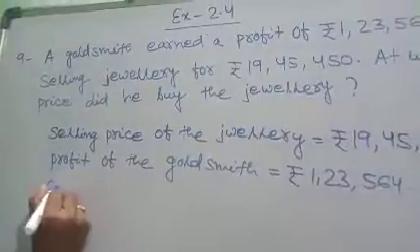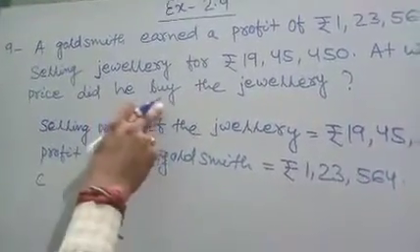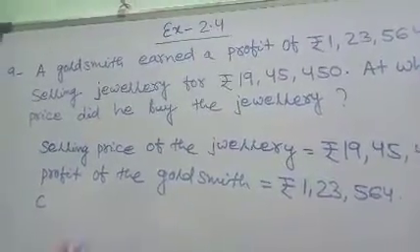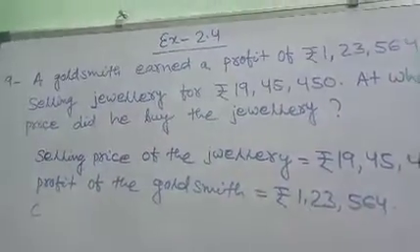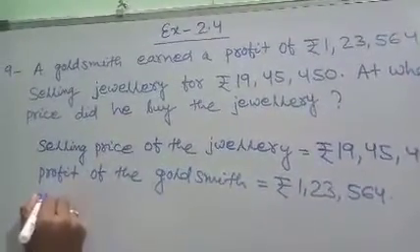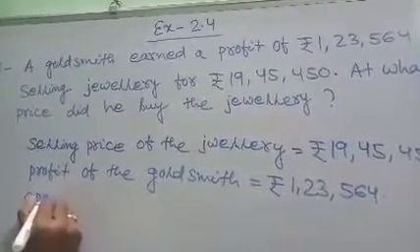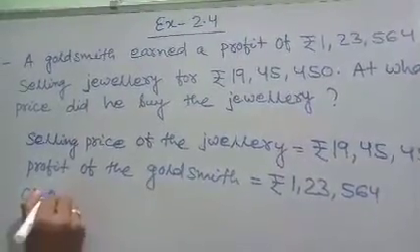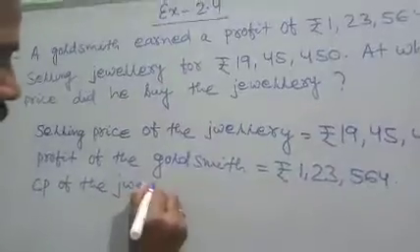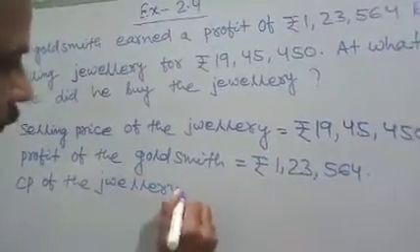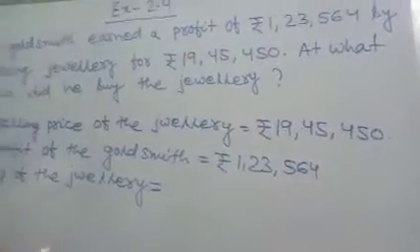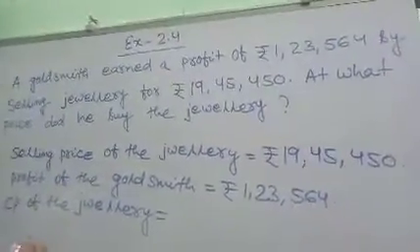CP or cost price means buy is written here, and as you know from your previous class, at the time of buy we consider it as CP or cost price. Cost price of the jewelry equal to. Now we have to write the formula.